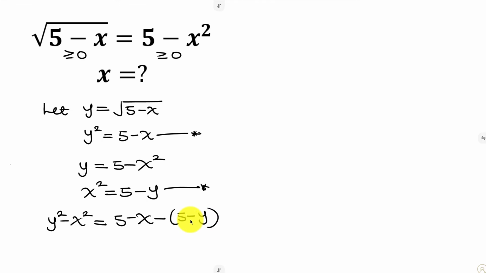Very good. Now let's open up this bracket. So we have y squared minus x squared to be equal to 5 minus x. Now using this negative, we have minus 5 plus y. Good. So you see that 5 minus 5 is gone.